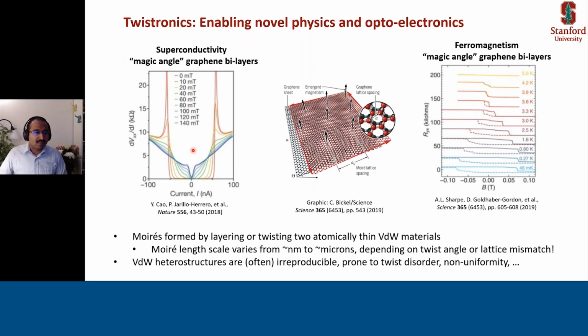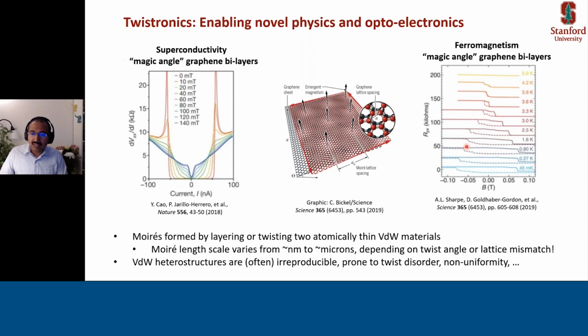Number one, this very famous work from Professor Pablo Jarillo-Herrero's group at MIT, where twisting two layers of graphene at 1.1 degrees, or the so-called magic angle, superconductivity was observed. It must be noted here that neither individual layers of graphene nor HBN are superconducting, so it was very interesting that just a twist between two layers can lead to superconductivity.